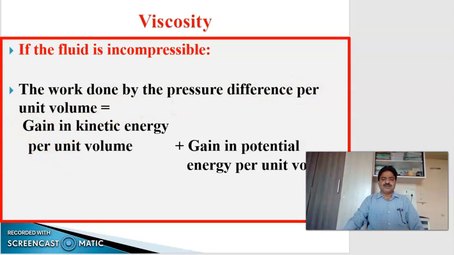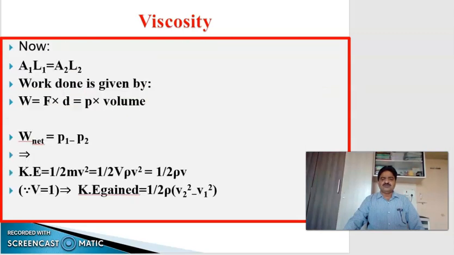And this can be obtained by using A1 L1 is equal to A2 L2. Work done is given by force into displacement along the direction of the applied force. Then this force into displacement can be expressed in terms of pressure and volume, P into V.